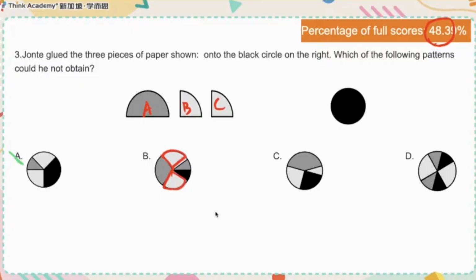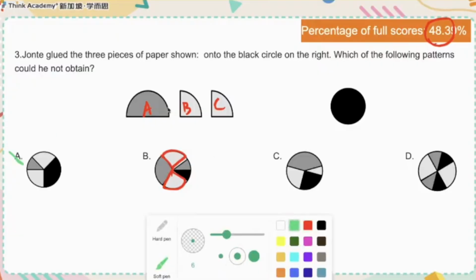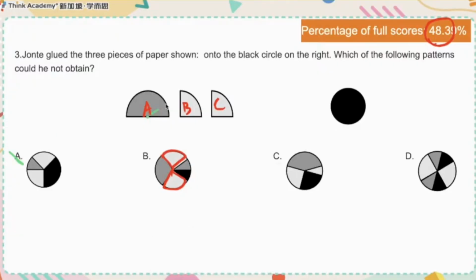Okay, and then someone may ask, oh, teacher Jane, can I cut this gray color one and then put part of it here and then split it and put the other part here? Can or cannot? Cannot, right? Or if it is below the figure, then it will be like this so that we can see these parts of them, right?